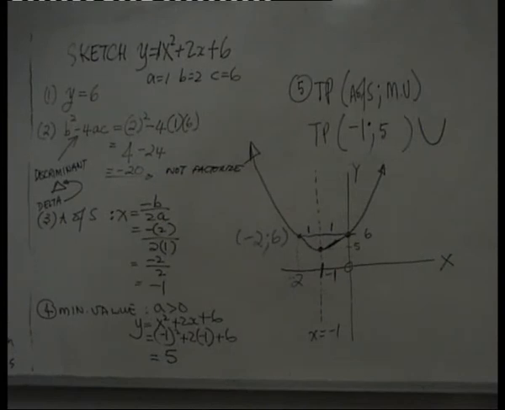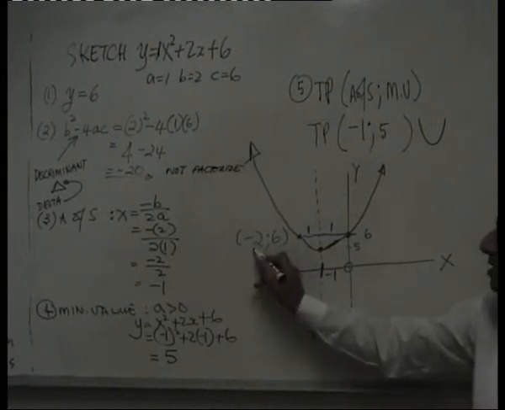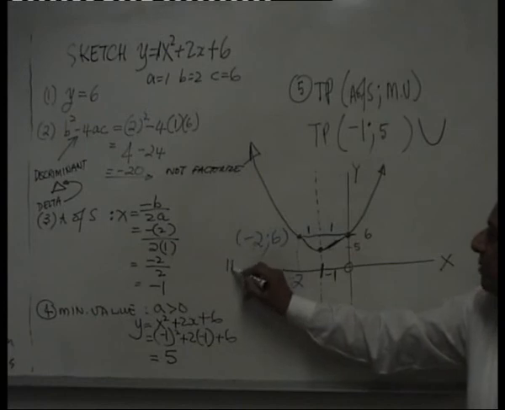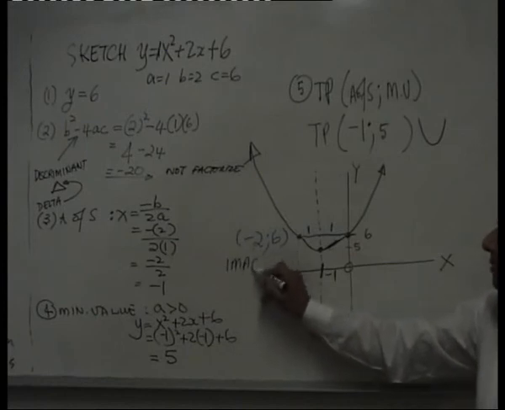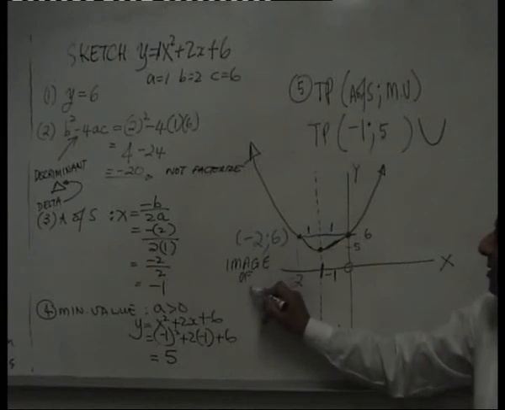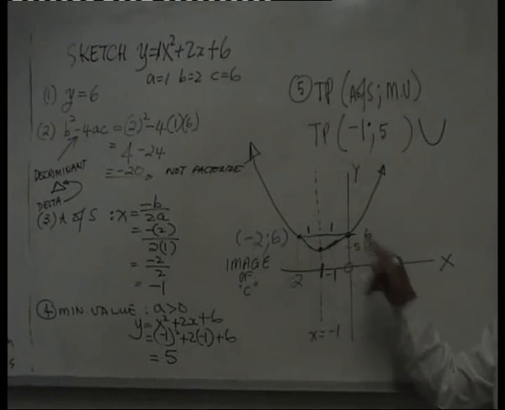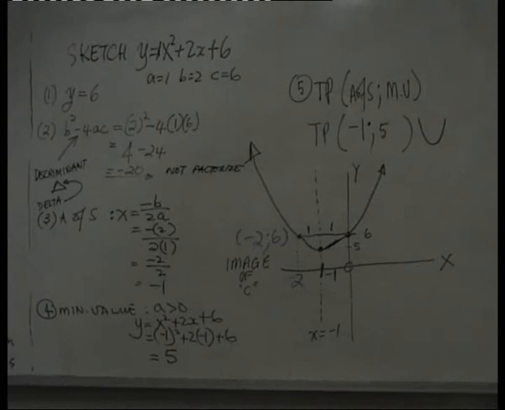So there will be another point there, minus 2, 6. And that point, minus 2, 6, is called the reflection. This is the reflection or the image of C, of the y-intercept. It's an image of the y-intercept, or it is a reflection of the y-intercept in the line x is equal to minus 1.